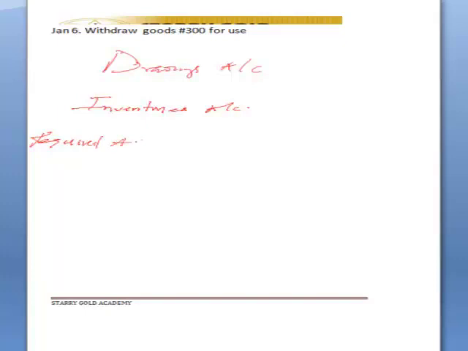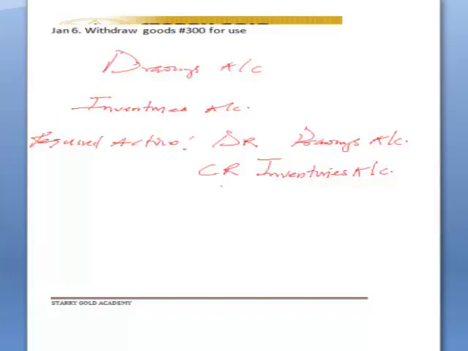So what would be the required actions to be taken in recording this event? We shall debit drawings, because drawings is the receiving account. So debit drawings account, and we shall credit inventories account. That is where you stock your goods, your goods that are yet to be sold, inventory.